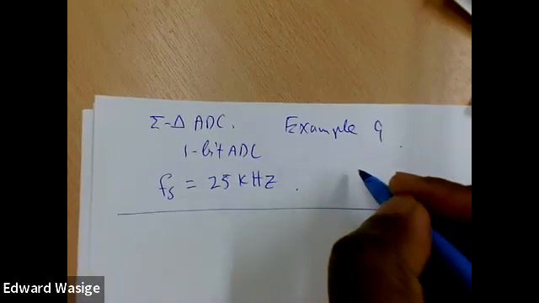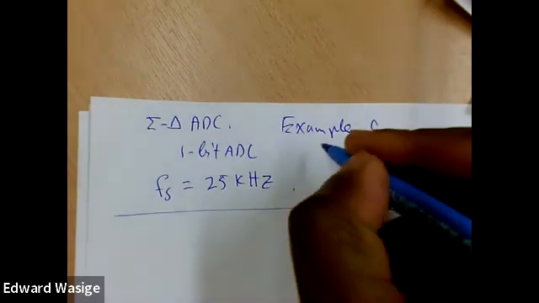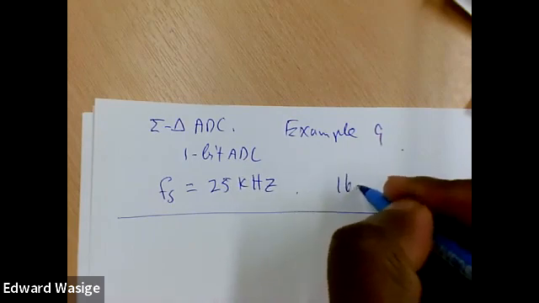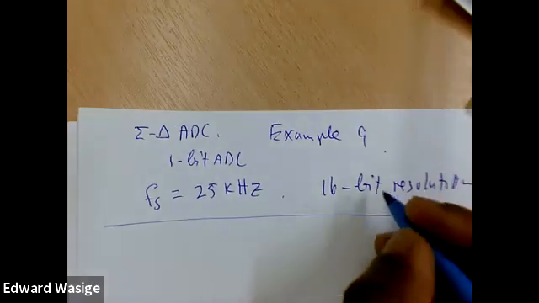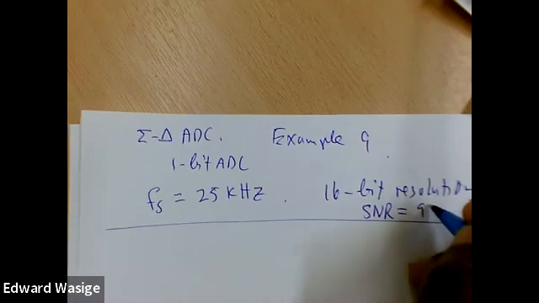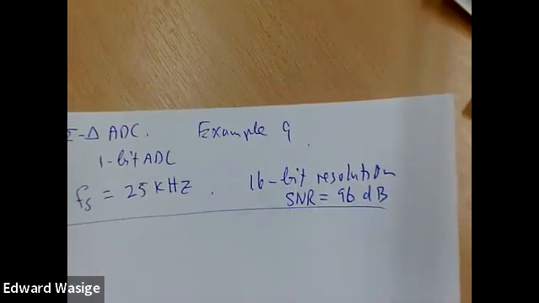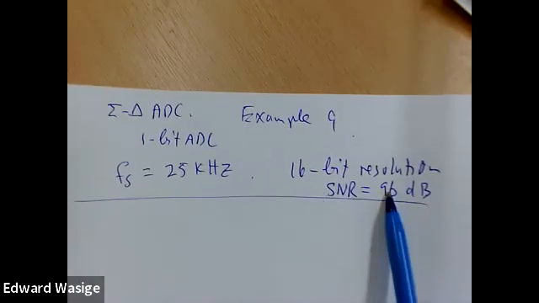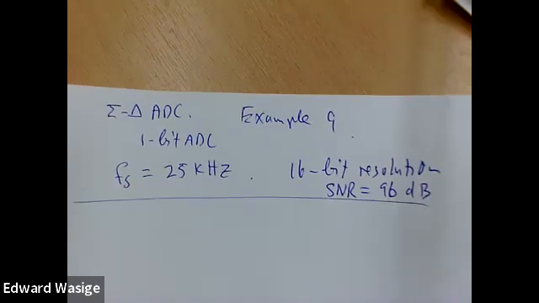We want to achieve 16-bit resolution, or in decibels, a signal to noise ratio of 96 dB. So this is the same information given in slightly different forms. The ADC should achieve a signal to noise ratio of 96 dB, or alternatively, in number of bits, 16-bit resolution.